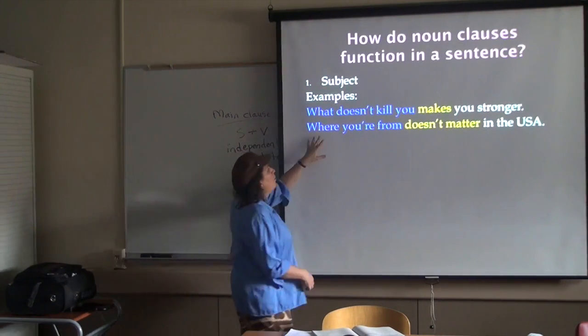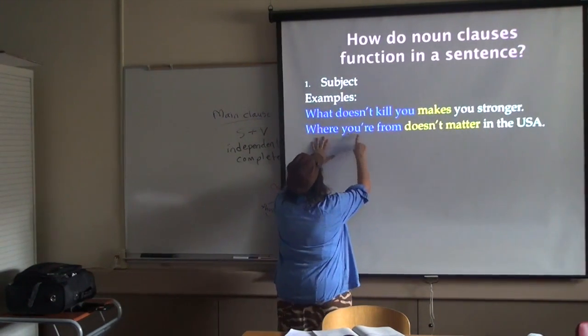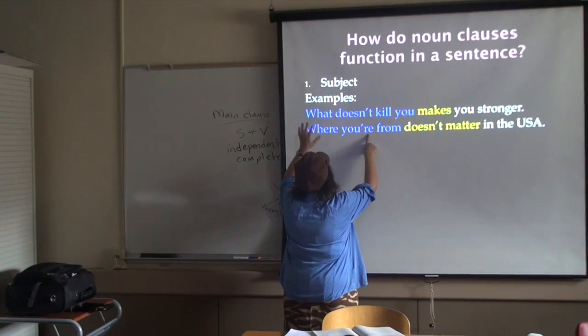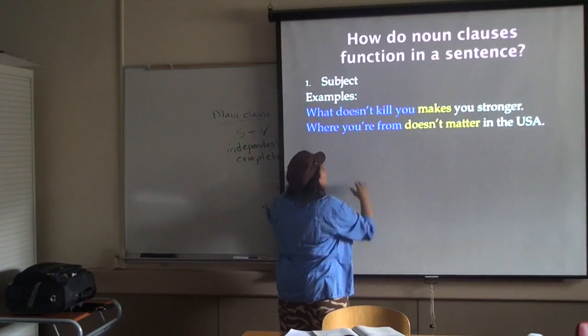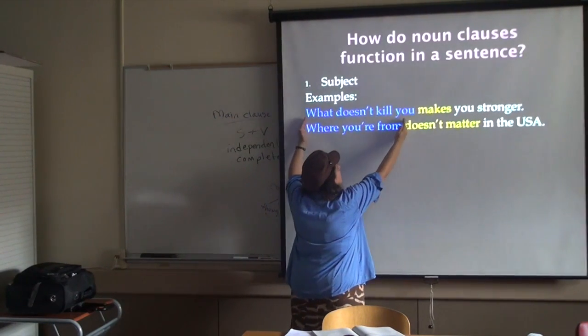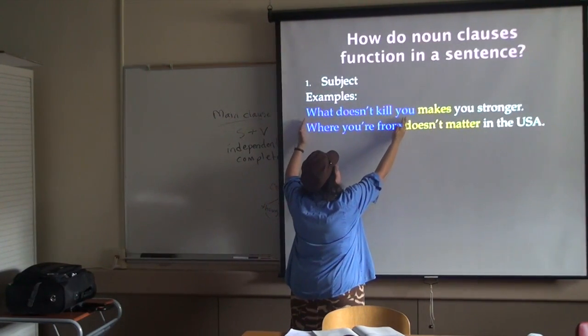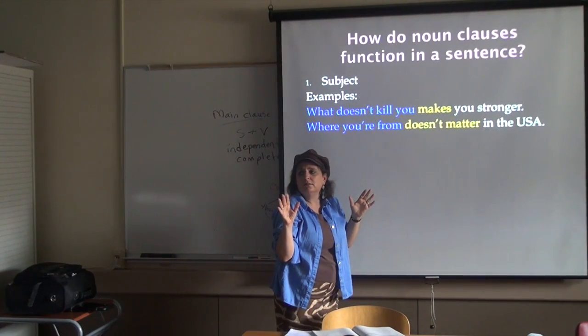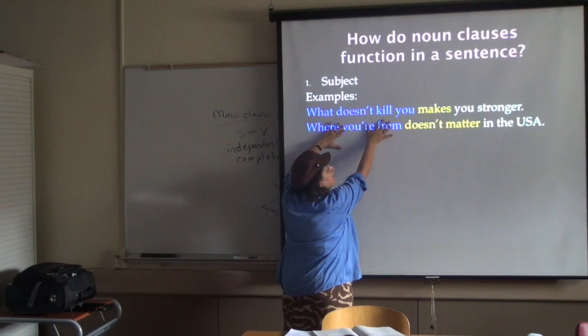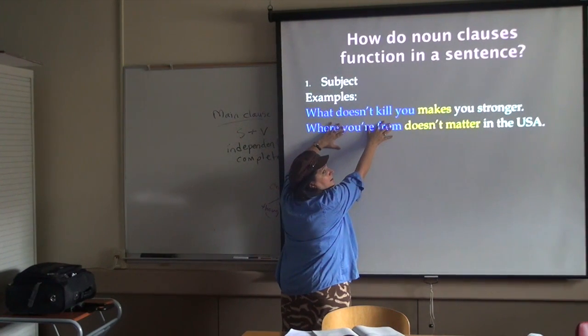In fact, where you're from: noun clause word, subject, verb. This whole thing, can you see what I'm doing here? This whole thing can be substituted with it. It doesn't matter in the United States. What is it?